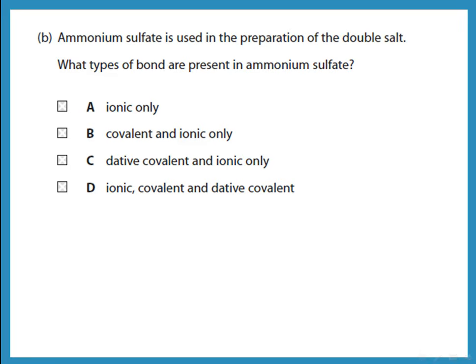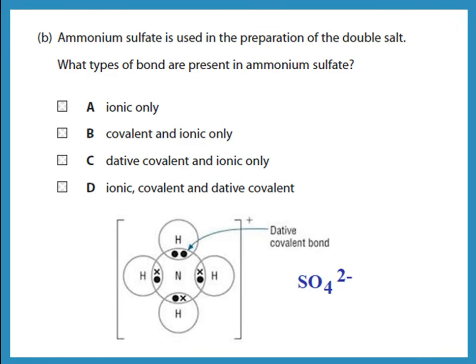Now, the next question says ammonium sulfate is used in preparation of the double salt. What types of bonds are present in ammonium sulfate? Okay, let's write ammonium sulfate. Ammonium is ammonia that has donated 2 electrons to an H+ ion. So it has a dative bond with one of the hydrogens.